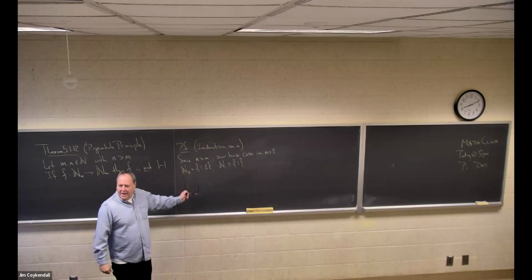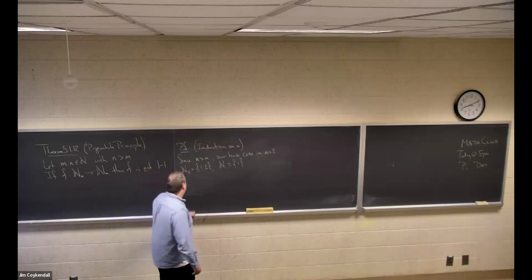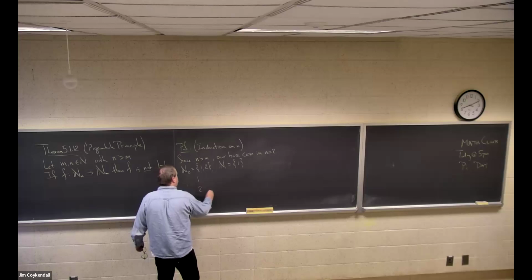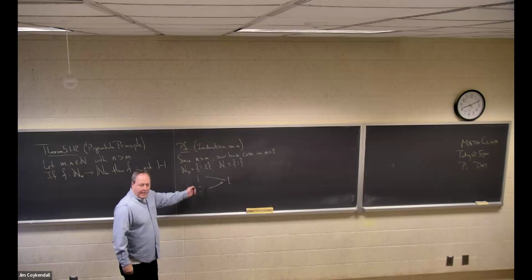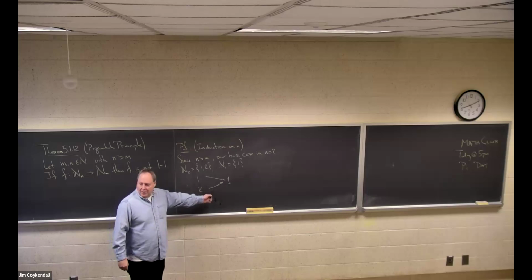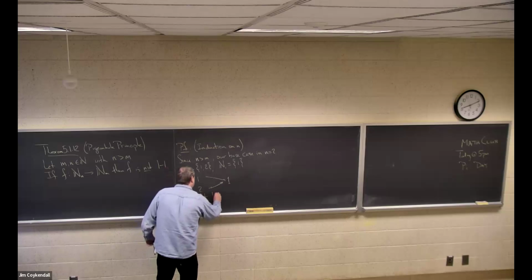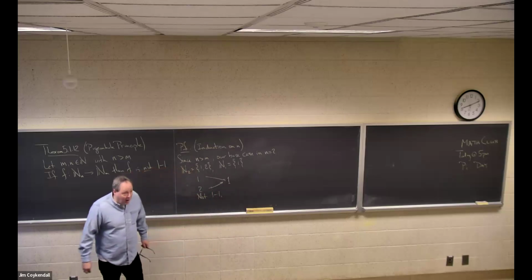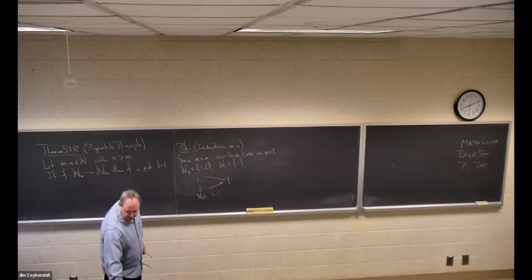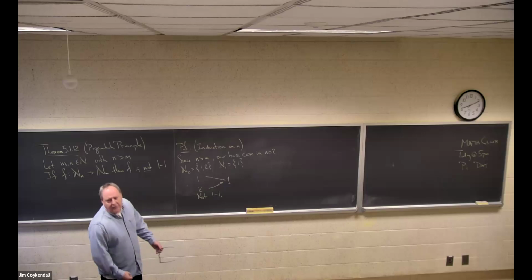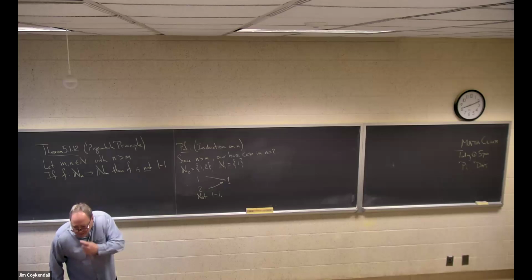There's only one natural number that's strictly less than two, and that's one. And notice the only function, the domain of this, they've all got to go somewhere. There's only one place to go. This certainly is not one-to-one. And this is in fact the only function from the set of two elements to the set of one element, and it's not one-to-one. Everybody okay with that? So there's the base case.